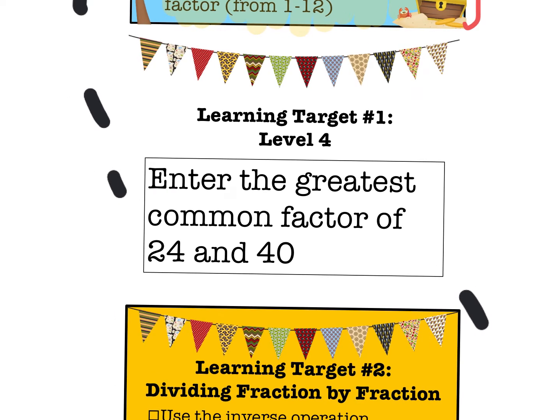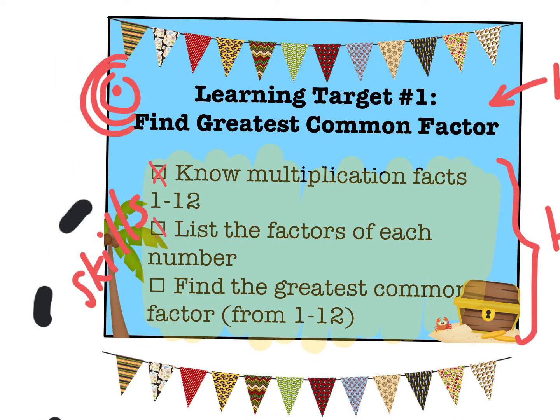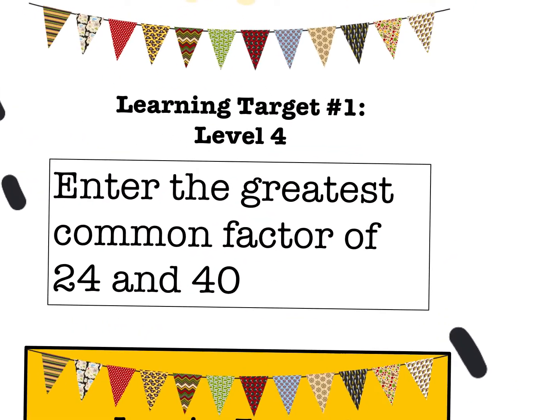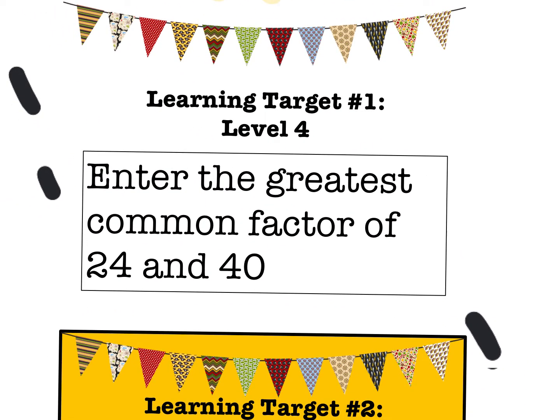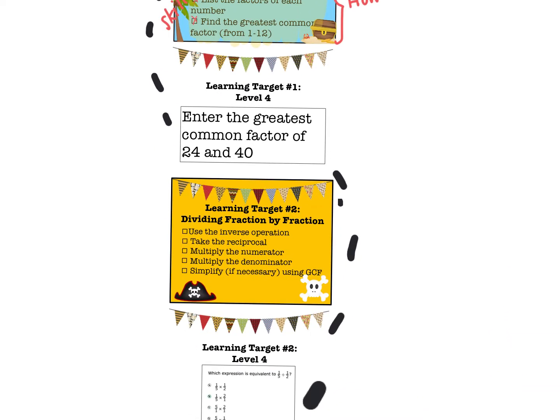So if you can meet that learning target, you can do this problem. And never to fear, this problem is going to be on your summative exit card. So if you want to meet this, you have to do these 3 skills right here. And you'll know if you can do those 3 skills if you can answer this question. Okay? All right, so our first learning target is finding greatest common factor.